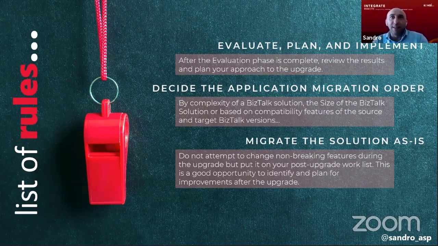Of course, you need to fix the breaking features. What is a breaking feature? If you are migrating from an old version of BizTalk that has some mapping compatibility issues, you need to fix that, okay? Because this is a breaking feature.